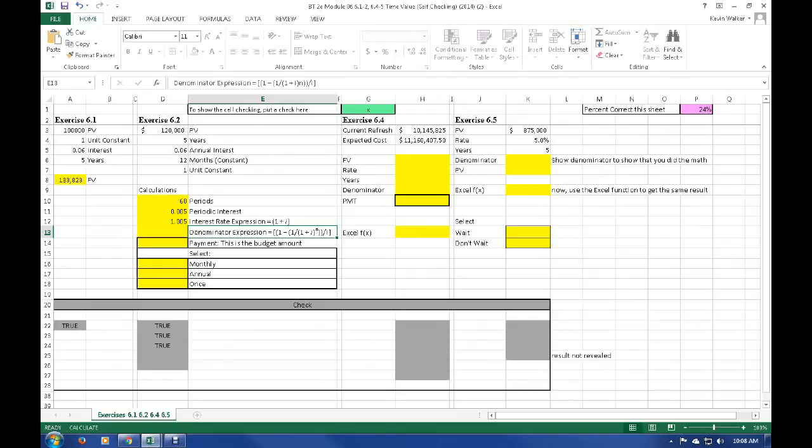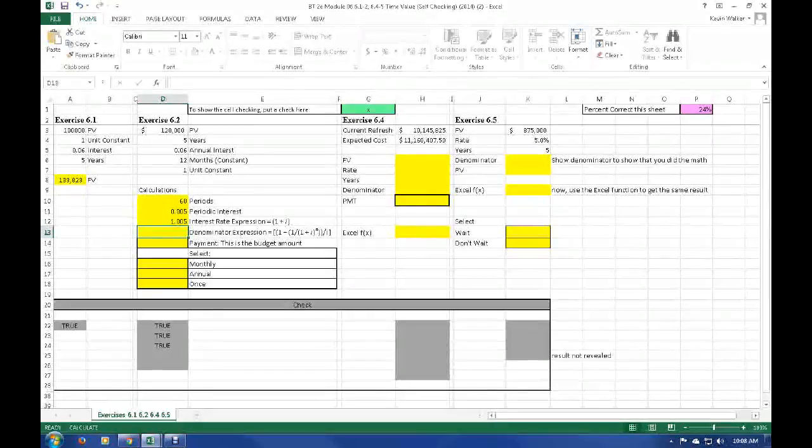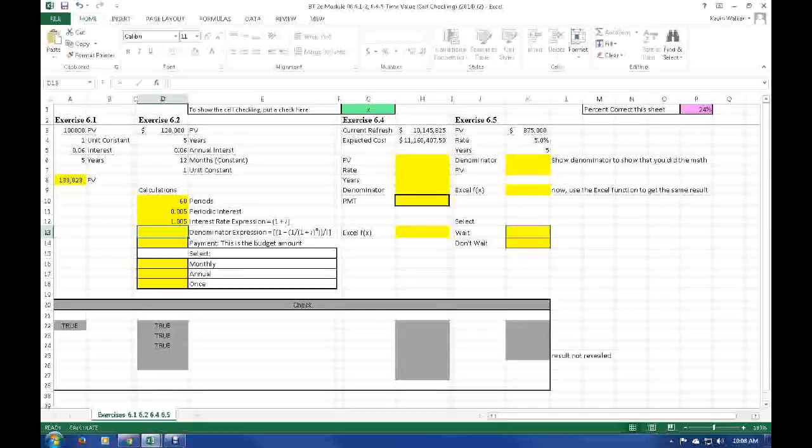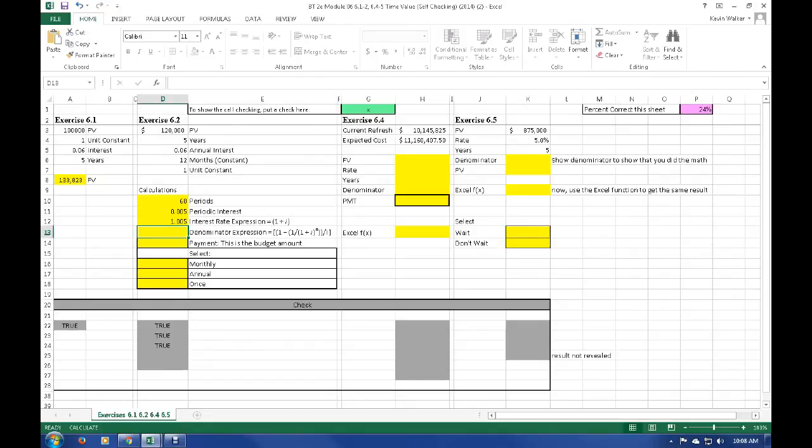All right, so your denominator expression. Now this messes with a lot of people. This same expression format won't work over here, because here you're talking about present value, here you're talking about future value, so you've got to play with the numbers. And here you have future value and present value, so again, it's rearranging the expression. I'm going to show you how to do that.